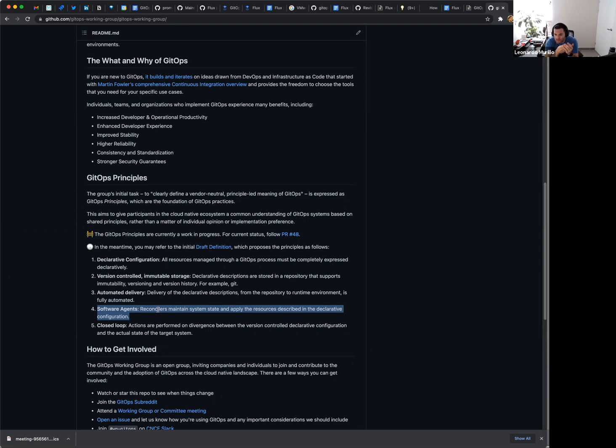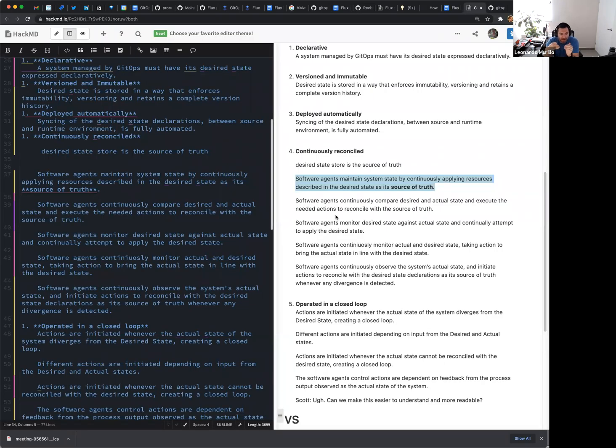You cannot do something fully automated unless there is a software agent doing that; there's no way for a human to do so. So the fact that it's software agents is implied by principle 3. What is nowhere defined is the cadence, the trigger that causes a GitOps system to reconcile.